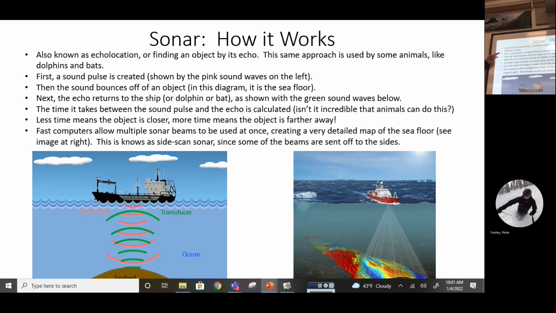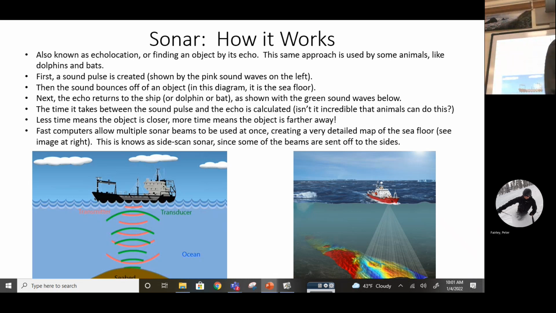So the first thing that happens is we create a sound. And in this diagram, it's shown with these pink waves going down from the ship. So you're describing the steps of how sonar works, right? On your notes. First thing, we create a sound pulse. Next, the sound bounces off an object. In this case, it's the seafloor.